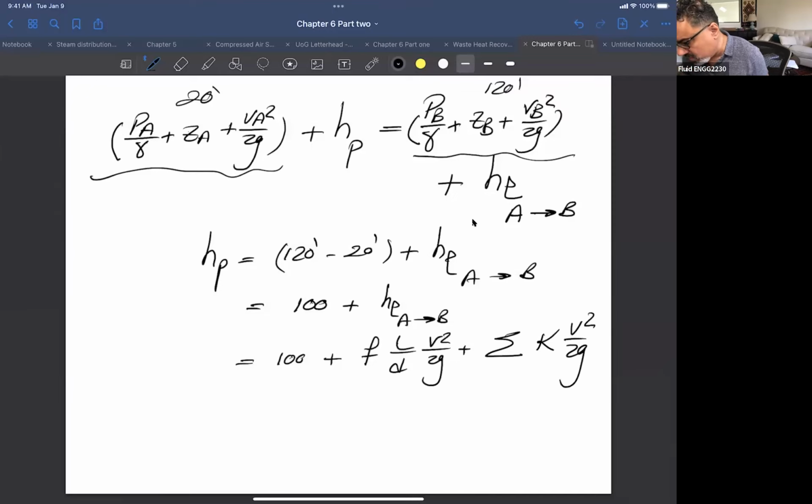What does the summation mean here? All the minor losses in the system are added, because the total energy loss is all the friction in a 400 feet pipe plus all the losses because of the components on this pipe.